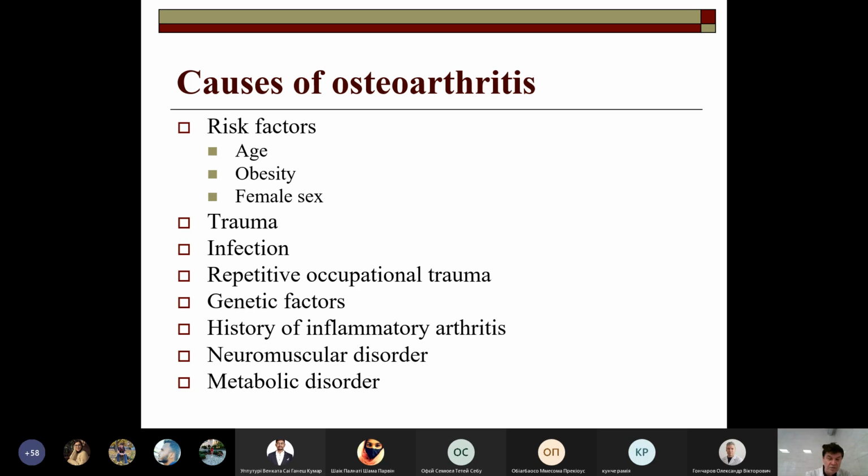Chronic trauma, infection, especially repetitive occupational trauma, along with genetic factors and a history of inflammatory arthritis, including seropositive and seronegative arthritis, can be noticed as the next components, which can also be a cause of osteoarthritis.